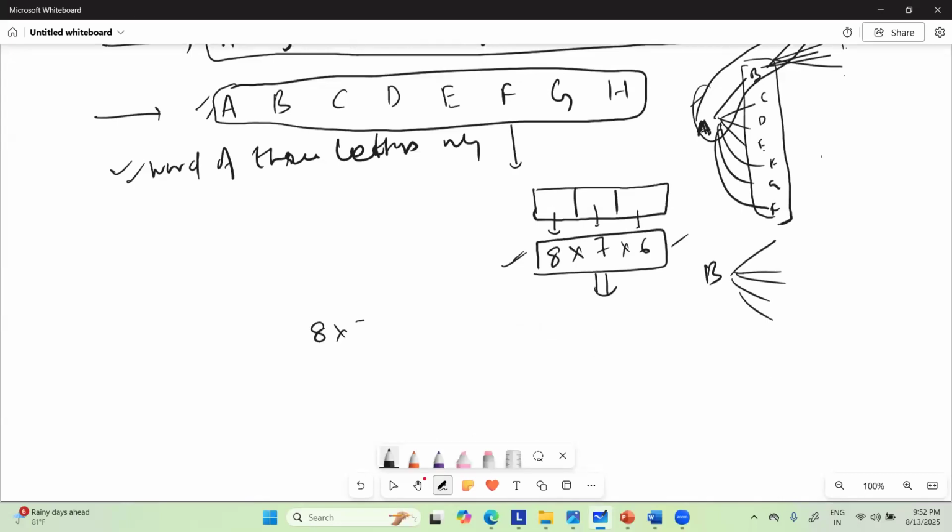is 8 into 7 into 6. So what we did, we completed this series by multiplying 5 into 4 into 3 into 2 into 1. And since I have multiplied this extra, I divided by this.